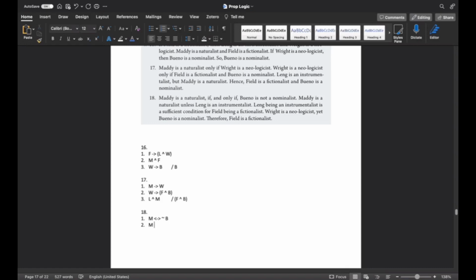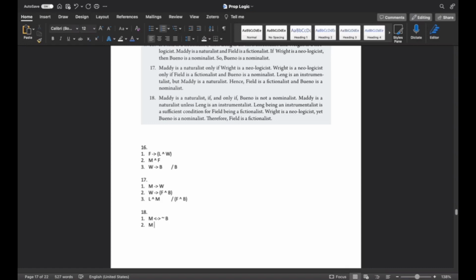So for me, it seems like an "if" sort of. So when Leng is not an instrumentalist, then Maddie is a naturalist. In every case where Leng is not an instrumentalist, Maddie would be a naturalist.